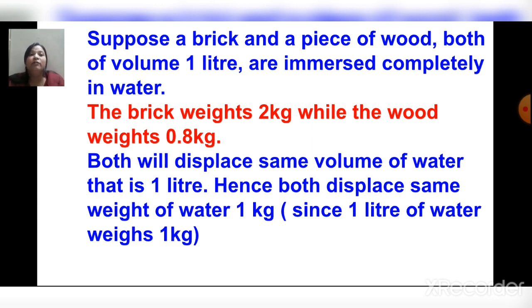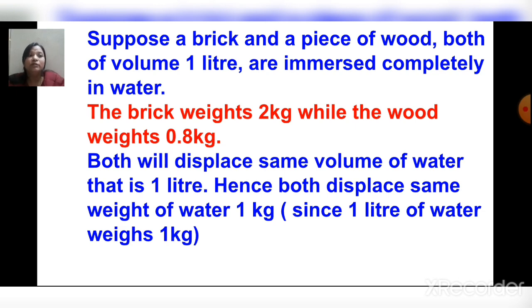There is a difference in weight of brick and wood. Now both will displace the same volume of water, right? That is 1 liter, because the weight of water displaced is according to the volume. Hence both displace the same weight of water, that is 1 kg.